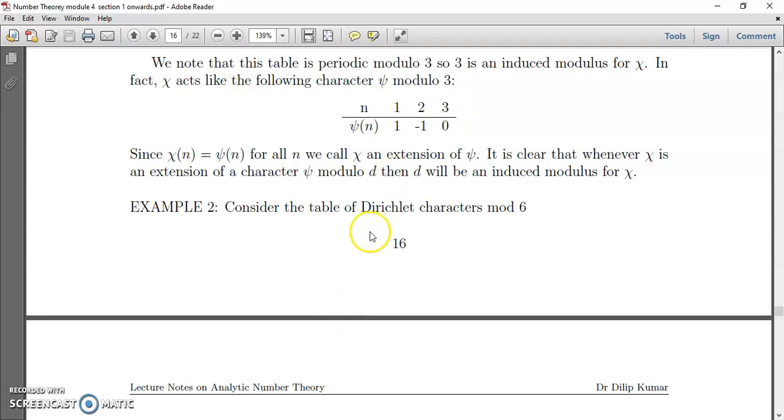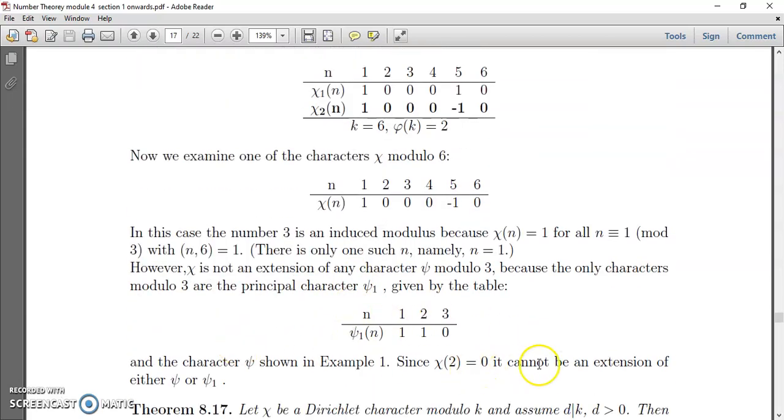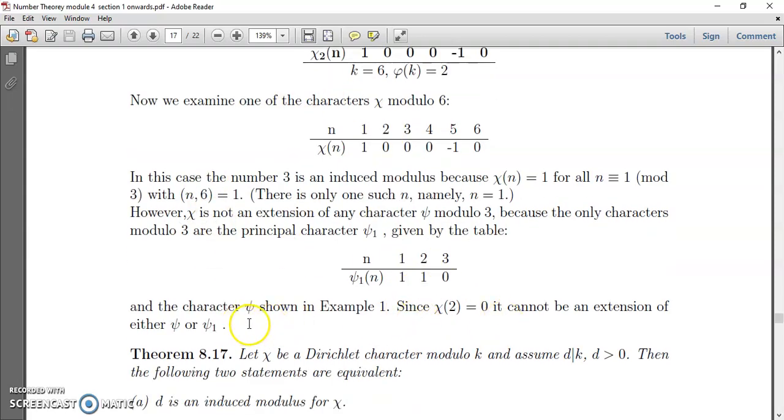That is what we understand from these two examples. I hope you have understood this, and by using this result we are going to prove a theorem next. Thank you for your patient listening.